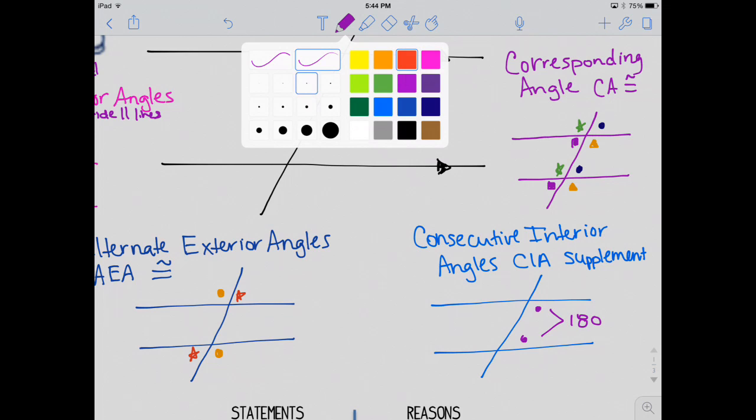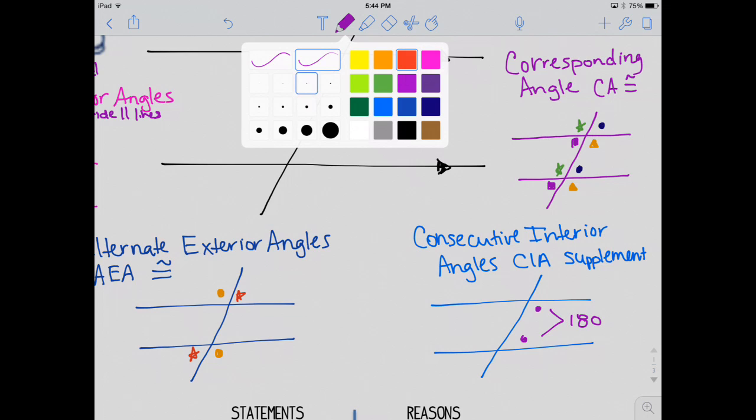Okay, so find the value of the variables. Well, we know that this and this are the same because they're corresponding. These were corresponding angles. Together, these make a linear pair. So 9x plus 12 plus 3x equals 180. So 12x plus 12 equals 180.